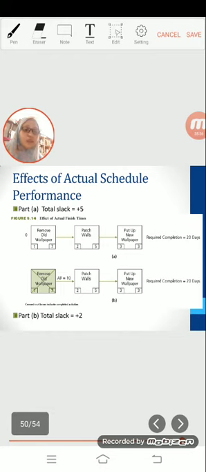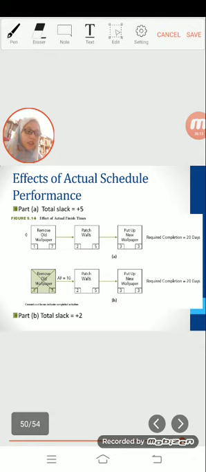The actual finish time, known as AF, of completed activities will determine the earliest start and earliest finish time for the remaining activities in the network diagram as well as the total slack. This figure depicts the plan and actual performance of a project to remove old wallpaper and install new wallpaper.